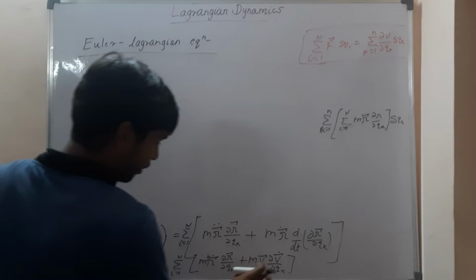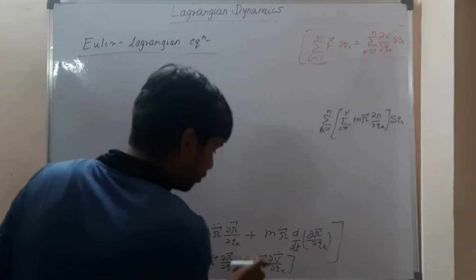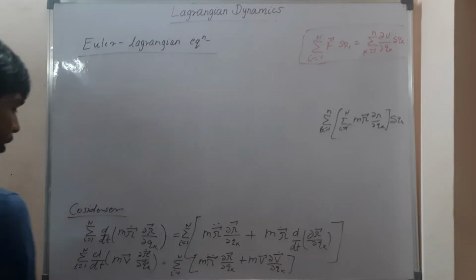If I open the bracket, the sigma sign will come here also. So how can I write it?